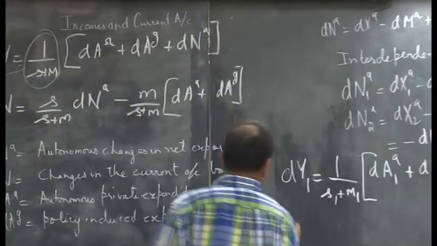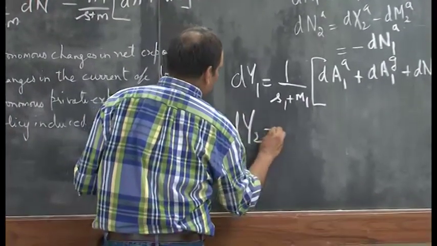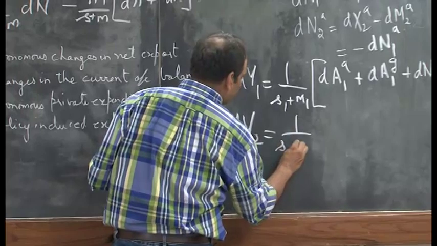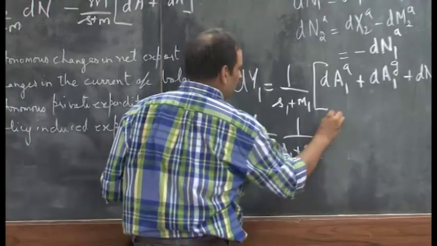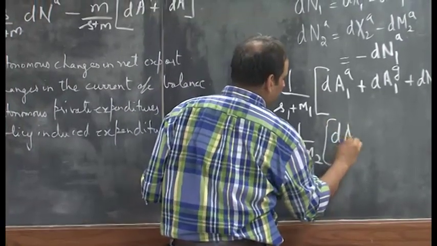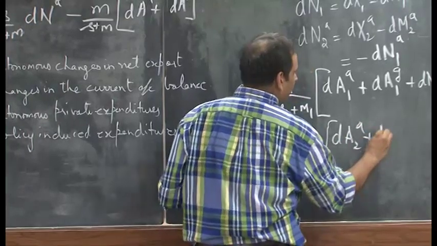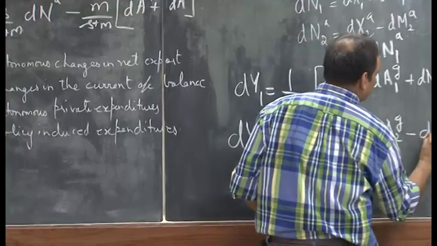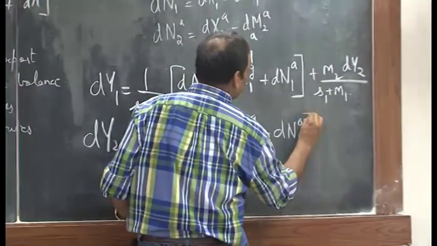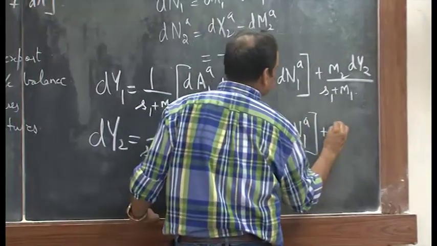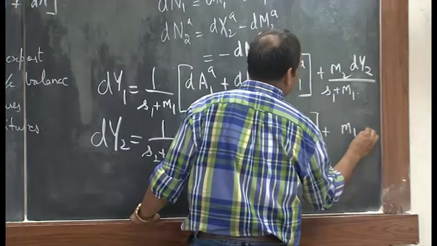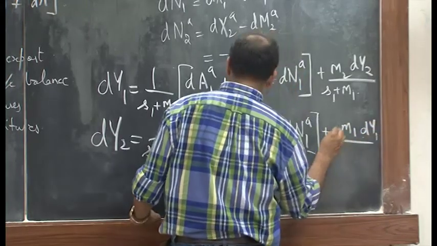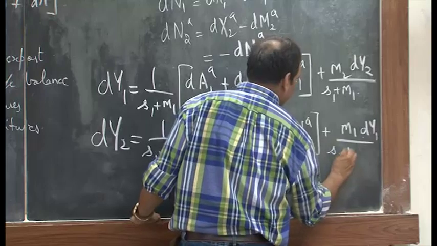Similarly, you can define dy2 to be equal to 1 upon s2 plus m2 times dA2A plus dA2G minus dN1A plus M1 dy1 divided by S2 plus M2.